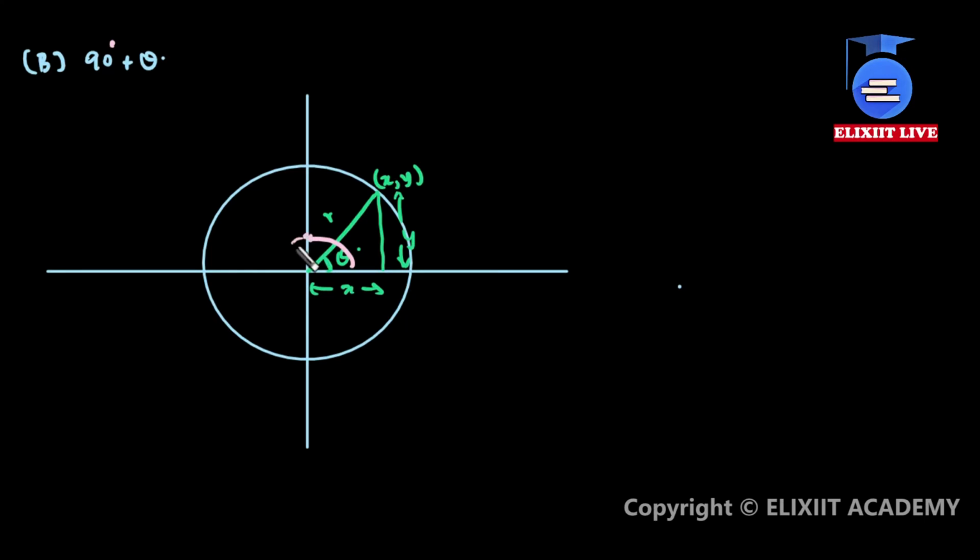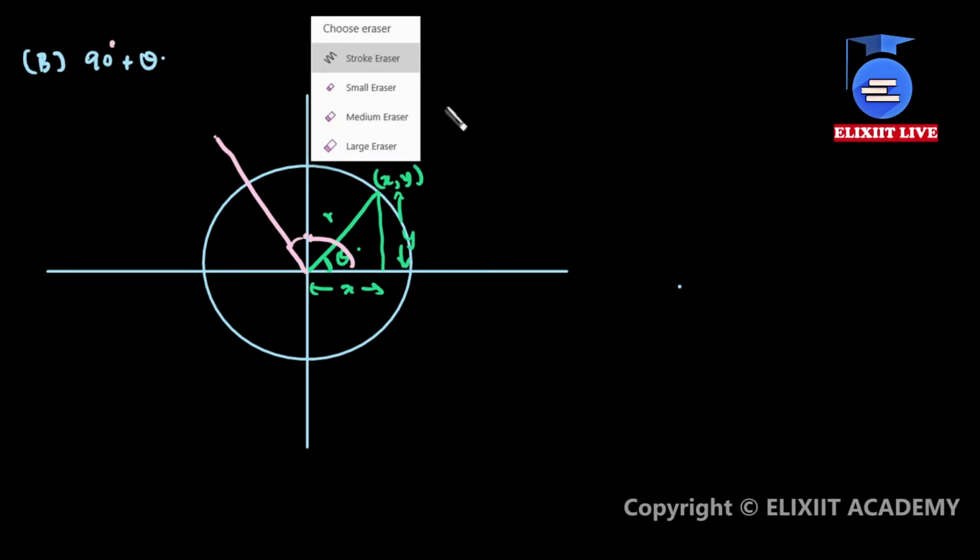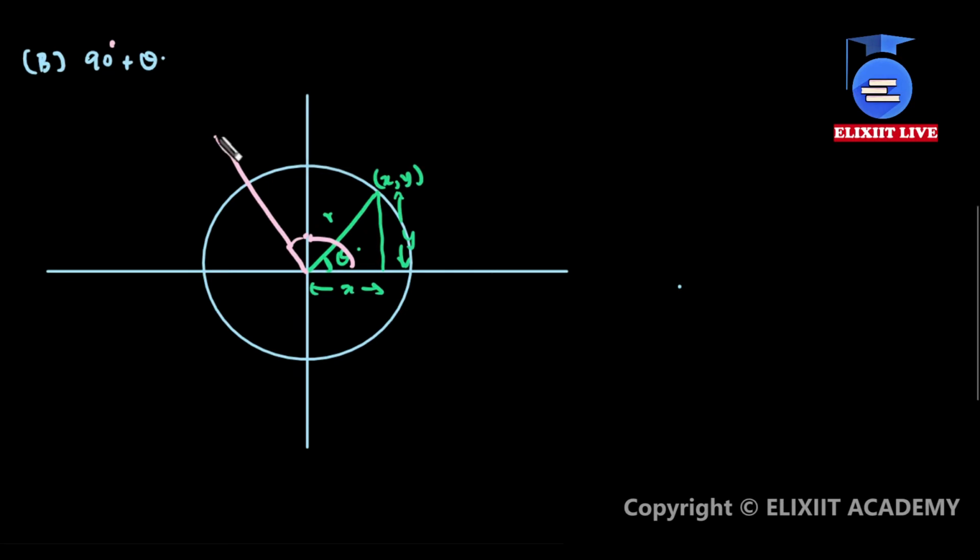You have to move somewhere over here. So basically this is your 90 plus theta. Somewhere over here you have to create the triangle. Likewise you will create the triangle in this manner. I extended the arc basically. The thing is you have to create the triangle in this manner.